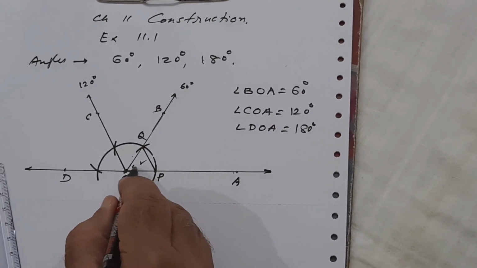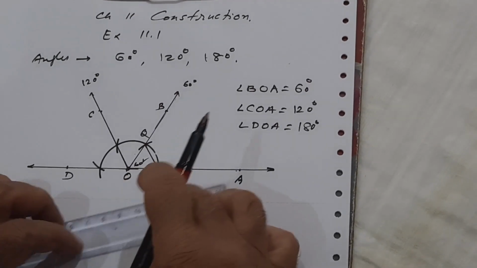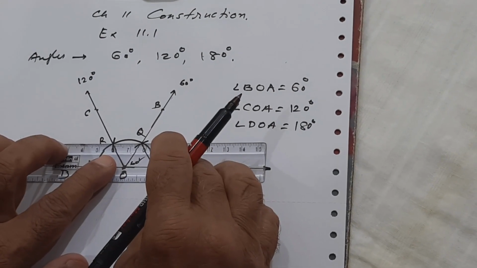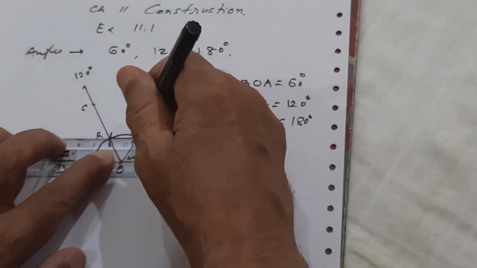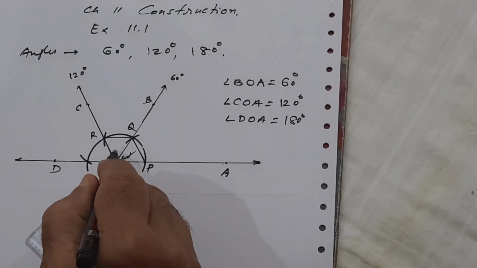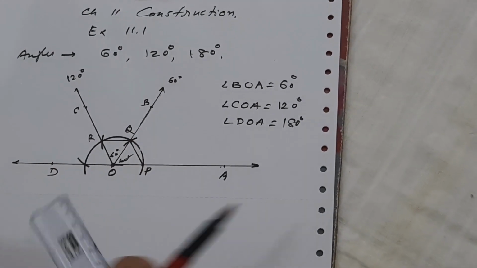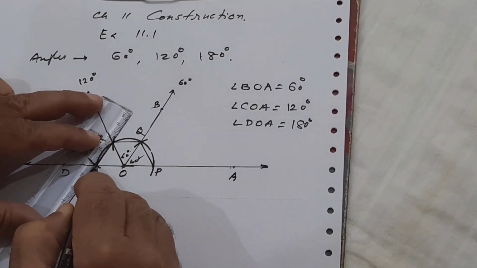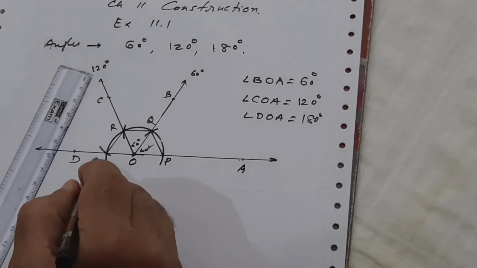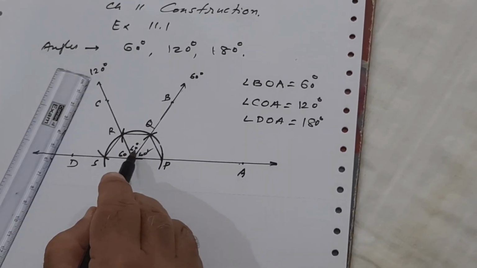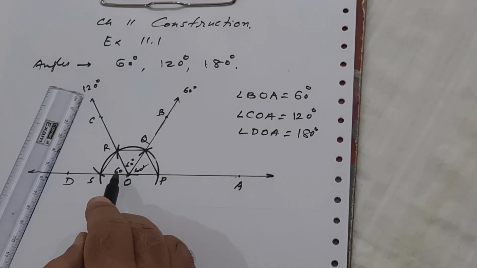So this will automatically be 60 degree. Similarly, if I take this point R and join, this is another equilateral triangle. So this will again be 60 degree. And similarly, if I join this point with this one, you will get one more equilateral triangle, that is RSO. So this will again be 60. So 60 plus 60, 120 plus 60, 180.